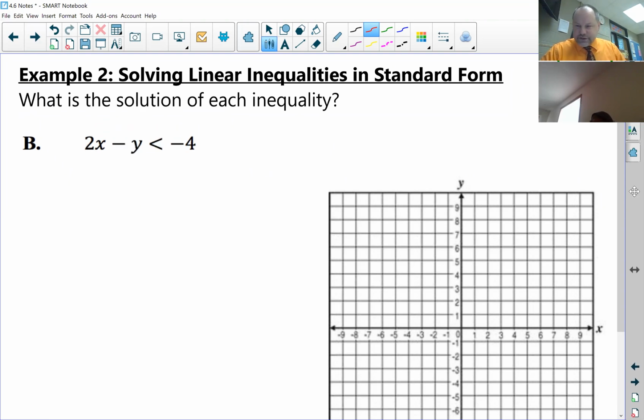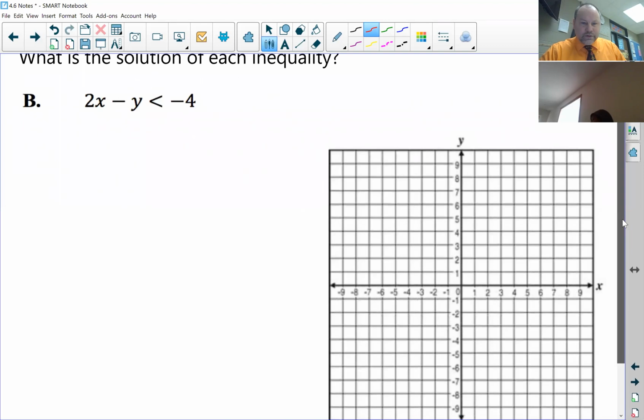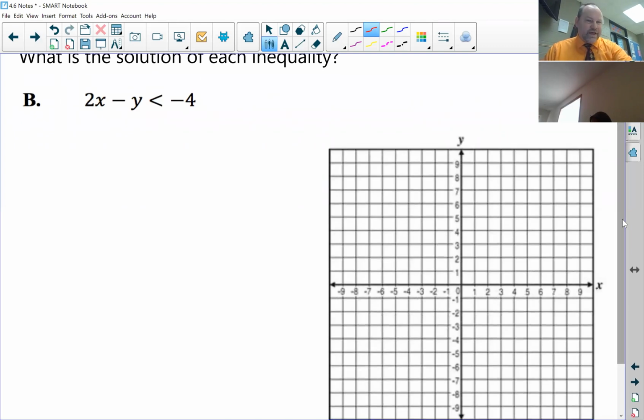So this inequality was the last one in last Thursday's notes. If we just walk through the solution, in this case, I would probably solve this one, get it in the y is less than form or greater than form.